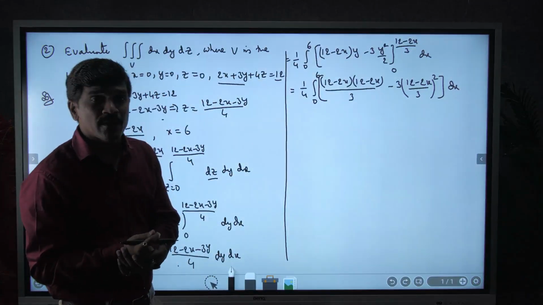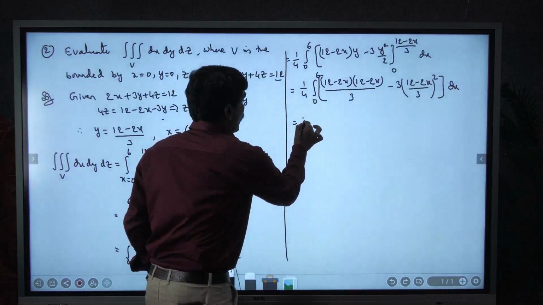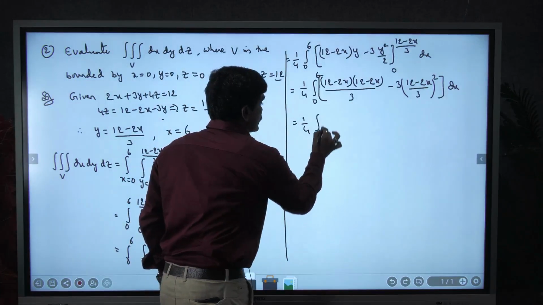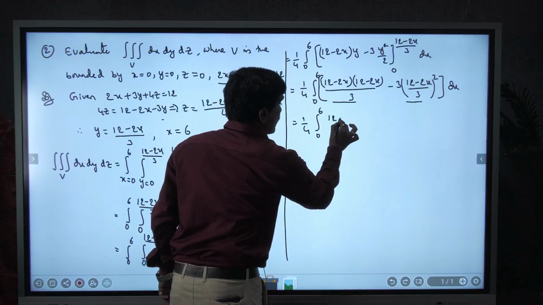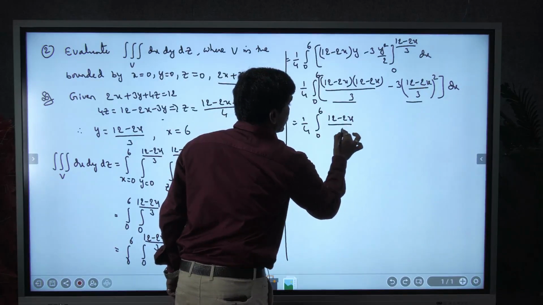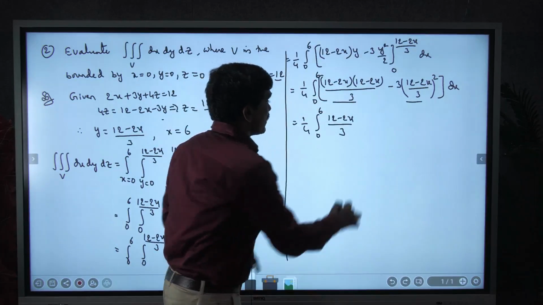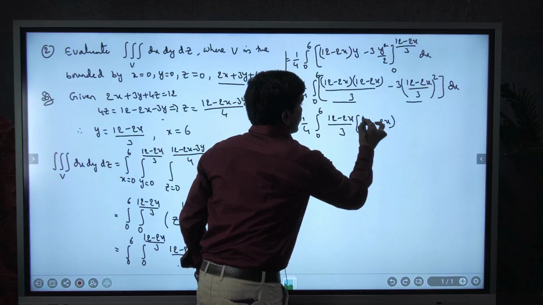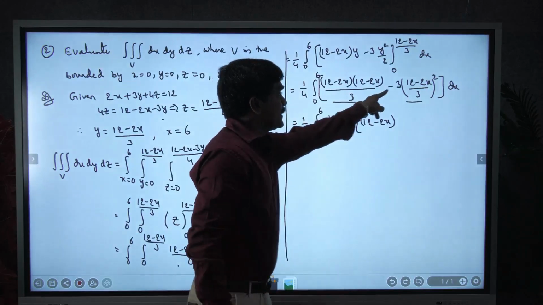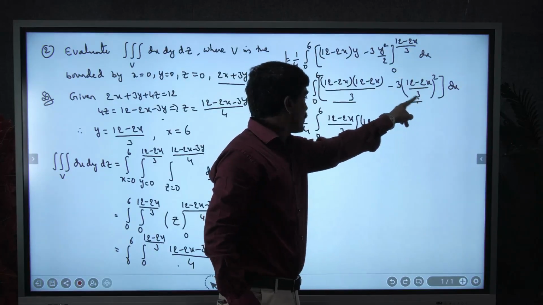Now what is the common value? Finally the common value is 1 by 4 integral 0 to 6. In these two terms the common value is 12 minus 2x by 3. Right? Here 12 minus 2x by 3 is common. Then what is here? 12 minus 2x here, minus here by 3 square, 9, here 3. So 1 by 3 is common.